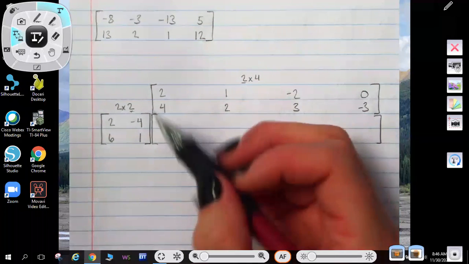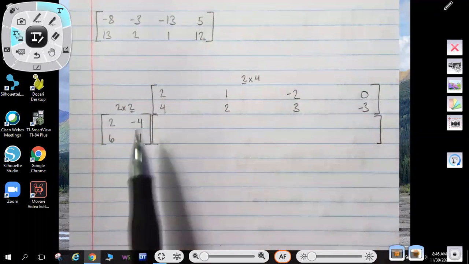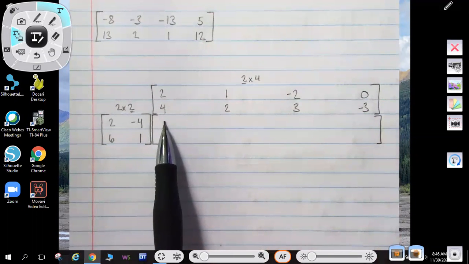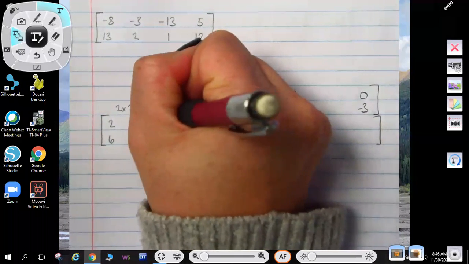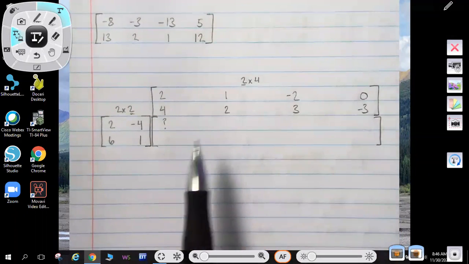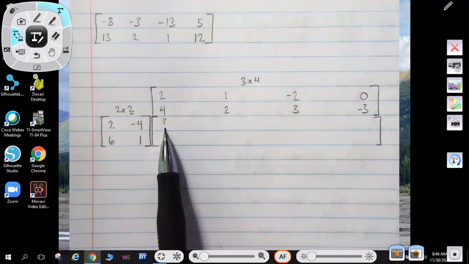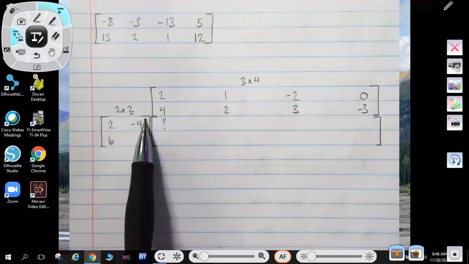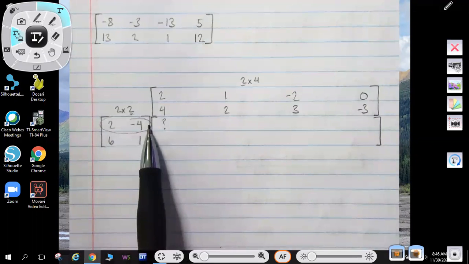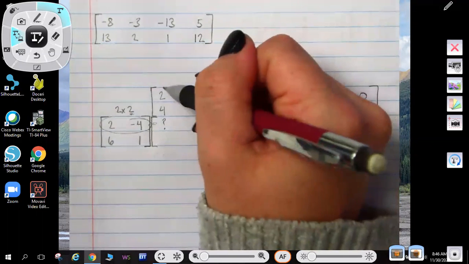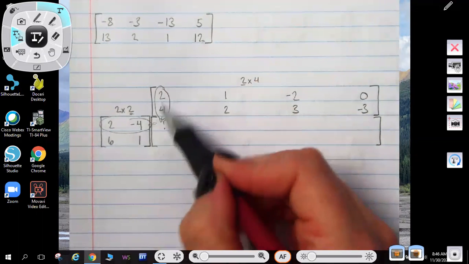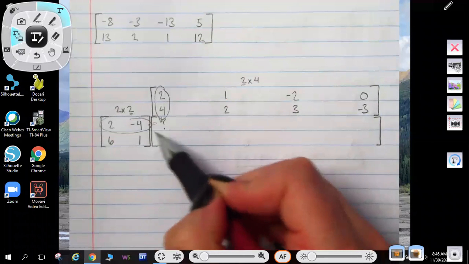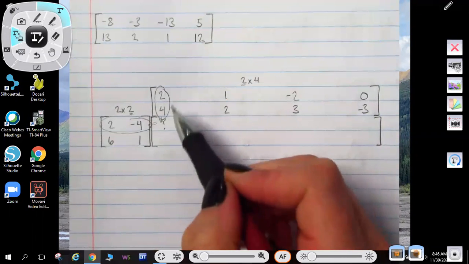Okay, so the way that I think this helps is that whatever number we're working on currently, so like if we're looking at what number is going to go in this first row, first column, this row and this column is feeding right into it. So it kind of shows you which numbers for sure you're going to be using to do this product sum.